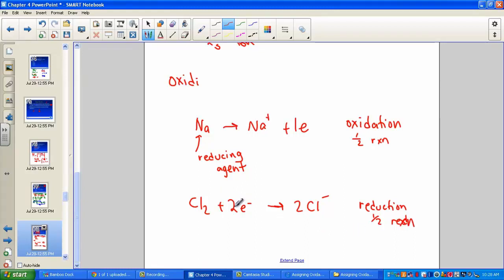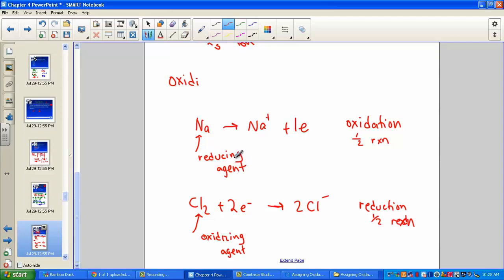The gain of electrons is called reduction. However, chlorine is now going to be called the oxidizing agent. Chlorine forced sodium to be oxidized. Sodium forced chlorine to be reduced. So it's really just a matter of flipping the word when you add the word agent.